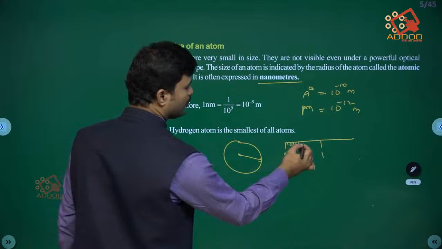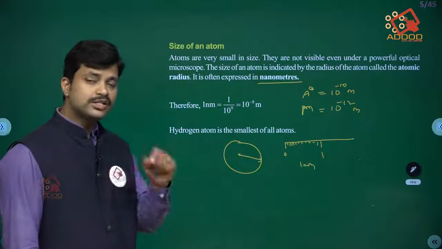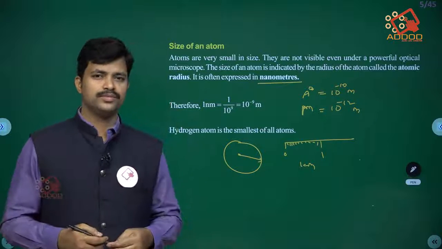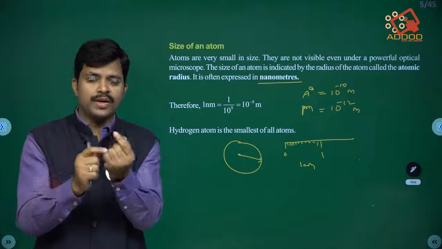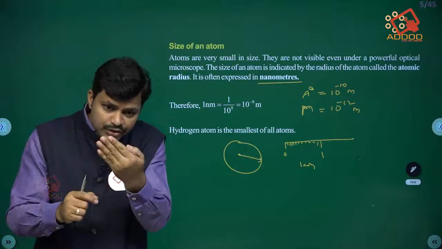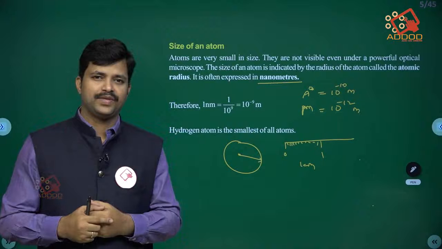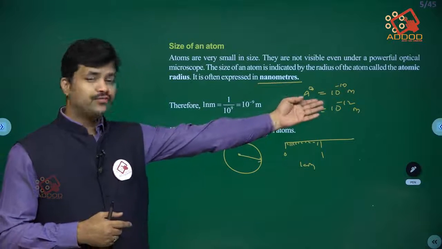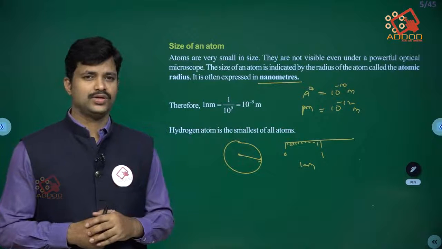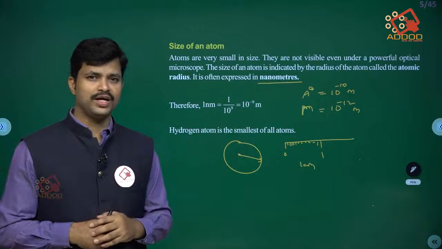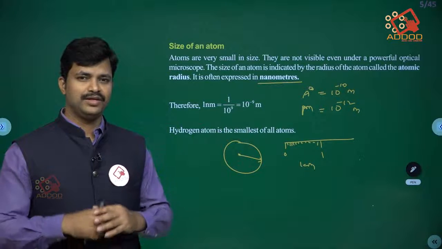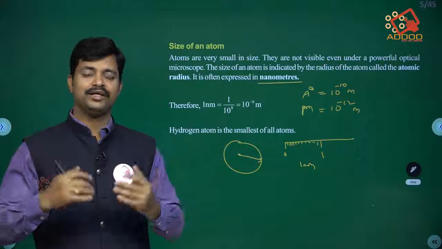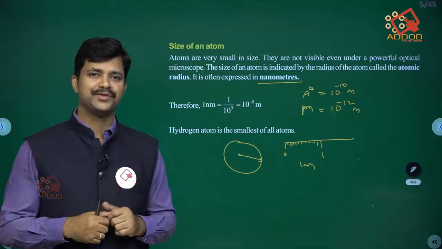In 1 centimeter, how many small lines will be there? 10 small lines. Can you try to see that once? It is very small. 1 mm itself we find difficult to see. One cannot imagine such a small space of an atom. In that small space, the total science is hidden.